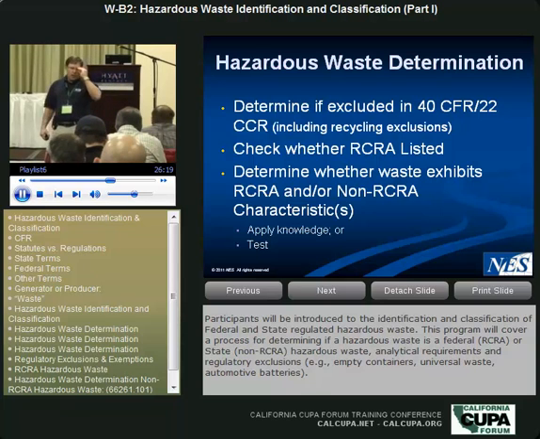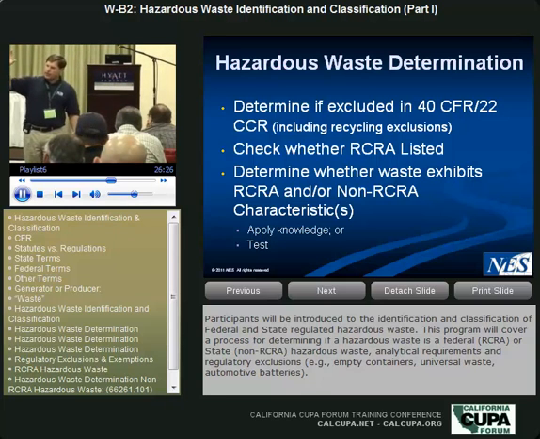For example, certain processes that take spent sulfuric acid to regenerate sulfuric acid, that sulfuric acid that's used for regeneration purposes is excluded federally from being a hazardous waste if it's used to produce and manufacture sulfuric acid. Household hazardous waste is excluded federally from RCRA. It's not excluded from the state of California, though. So it's not a RCRA waste, but it's actually captured in the state of California.